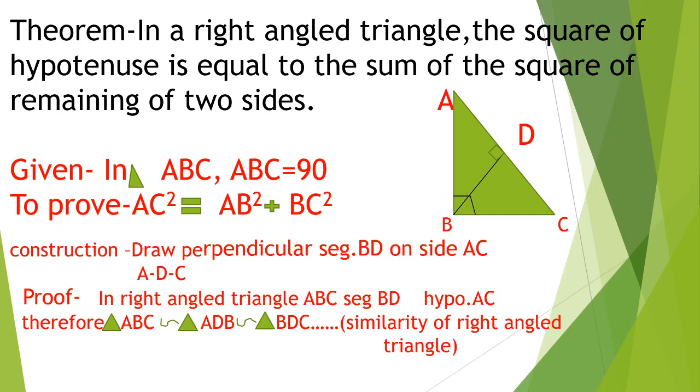Now, we are going to prove our Pythagoras theorem. First, read Pythagoras theorem carefully. In a right angle triangle, the square of hypotenuse is equal to the sum of the square of remaining two sides.